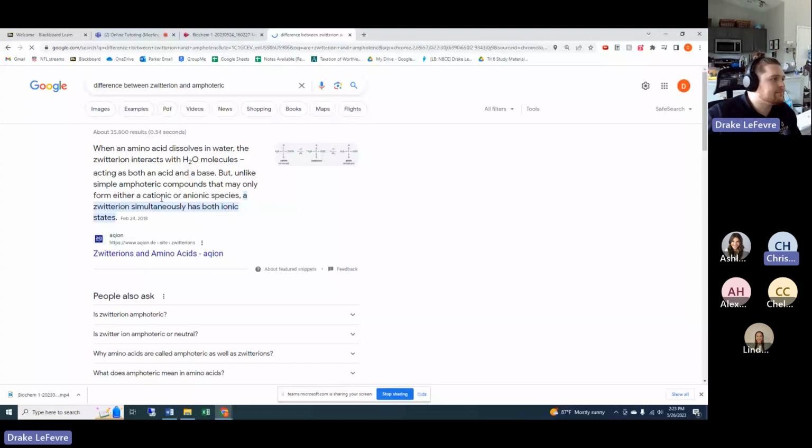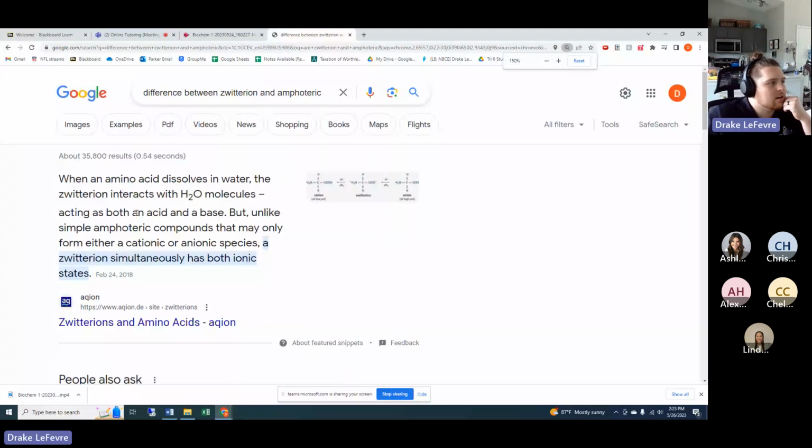Let's go, Google says no. When an amino acid dissolves in water, the zwitterion interacts with H2O molecules, acting as both an acid and a base. But unlike simple amphoteric compounds that may only form either a cationic or anionic species, a zwitterion simultaneously has both ionic states. Okay, so it's talking about the amphoteric compound can do either.